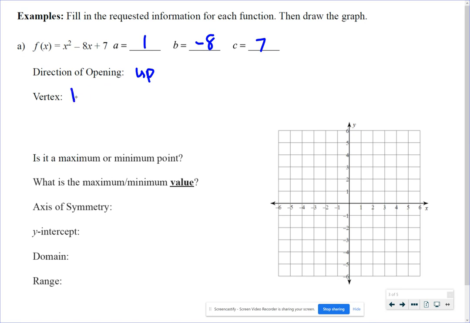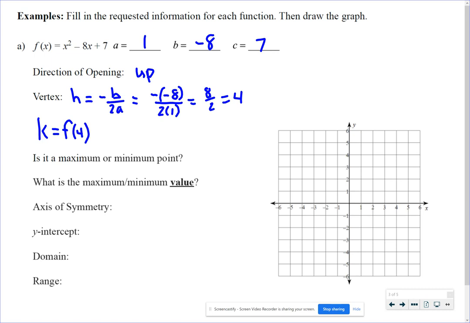Vertex. We're going to use the fact that the x-coordinate of the vertex is negative b over 2a. And we're going to plug in the numbers. We have the negative of negative 8 divided by 2 times 1. That's going to be 8 divided by 2, which is 4. Positive 4. Now, to find the k value, or the y-coordinate of the vertex, we plug in to the function.